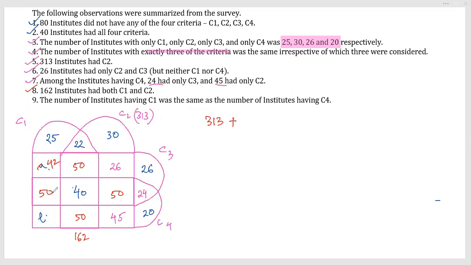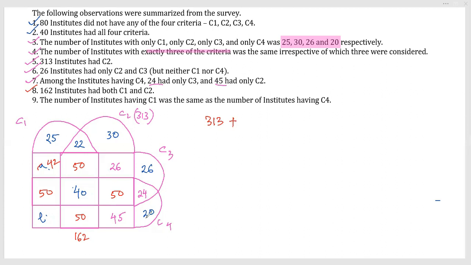25, 42, 50, B and 26, 24, 20. These 4 I need. 4 plus 3, 7. I need to add with 313, which is equal to 600. Achha, addition 26, 24 can be added up.